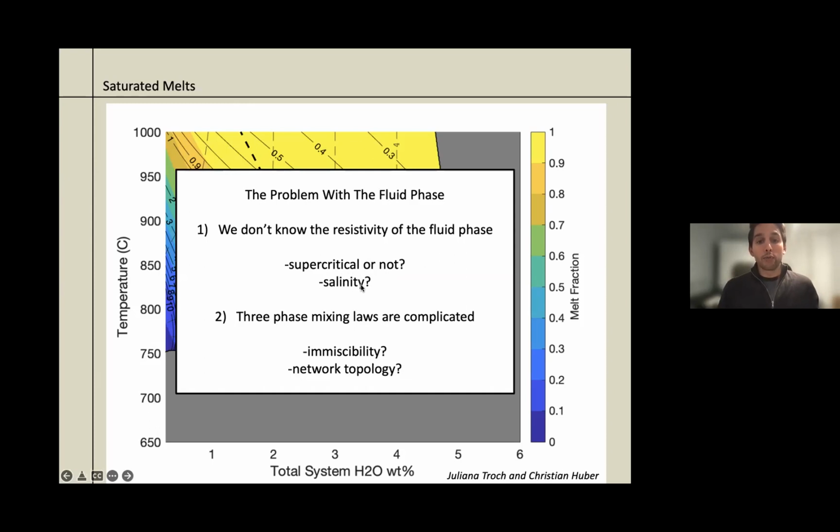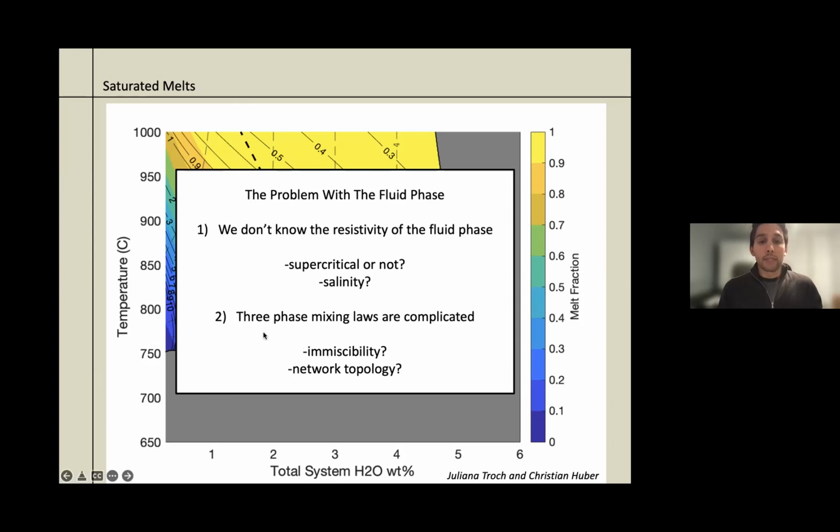But we often know from, for example, geothermal drilling, that the fluids that come off these magma reservoirs can often be hypersaline. So if it's a supercritical fluid, you might end up having a resistive fluid phase, whereas if it's a hypersaline brine, you might end up having a conductive fluid phase, and it's really not very well constrained.